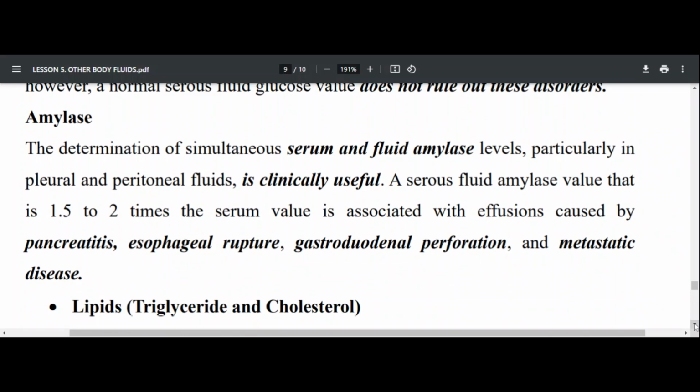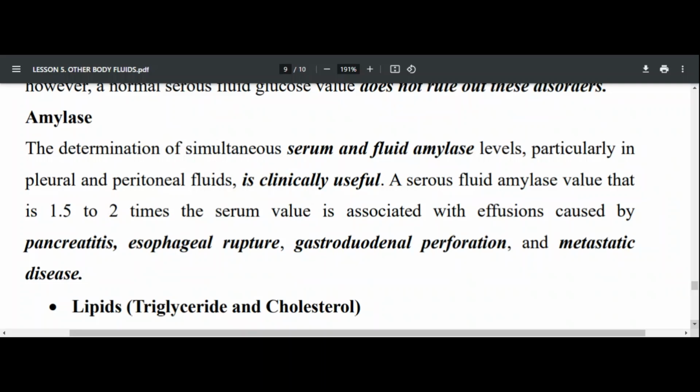So amylase is also performed. In fact, serum and fluid amylase will be clinically useful, because a serous fluid amylase value that is 2 times the serum value is associated with effusion caused by pancreatitis.